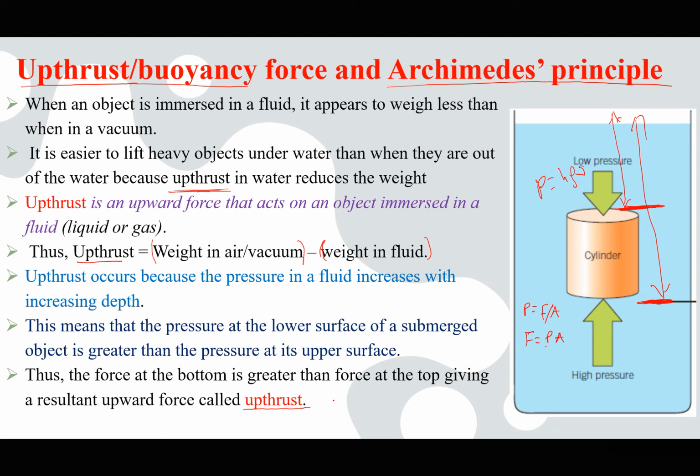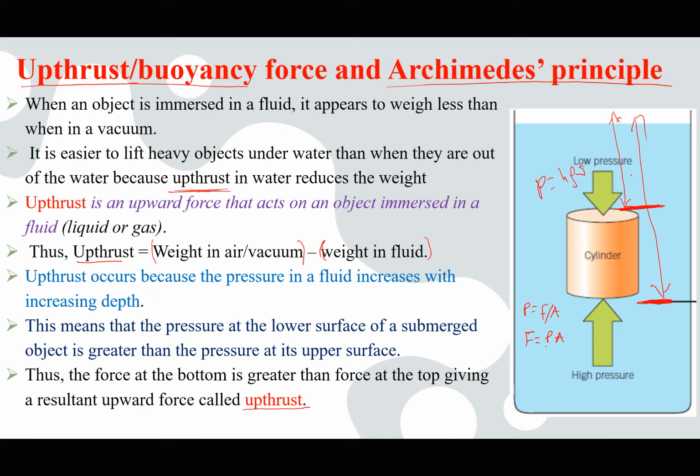The examiner will ask you to describe the origin of the upthrust force on the object. Upthrust is due to the difference in the pressure on the top and the bottom of the object. Pressure in fluids increases with depth. The pressure at the bottom is greater than the pressure at the top.